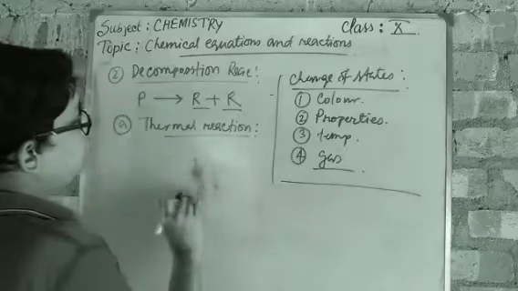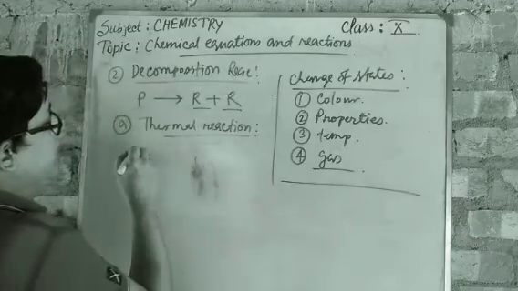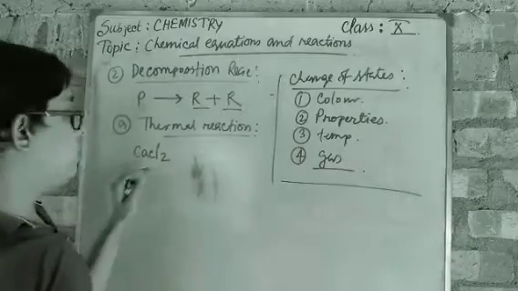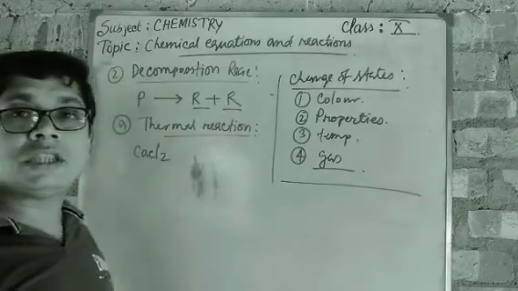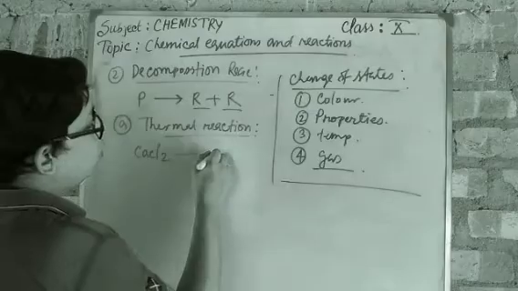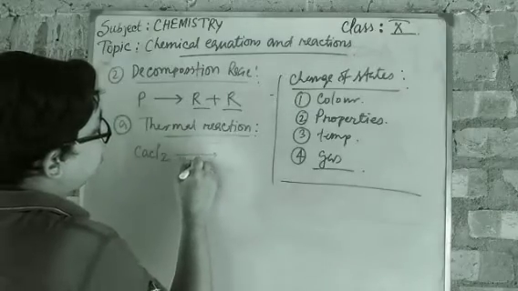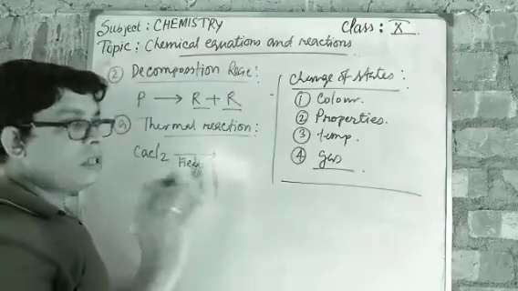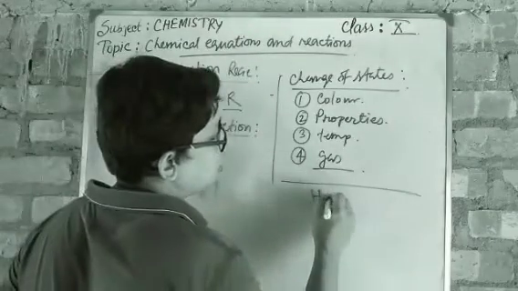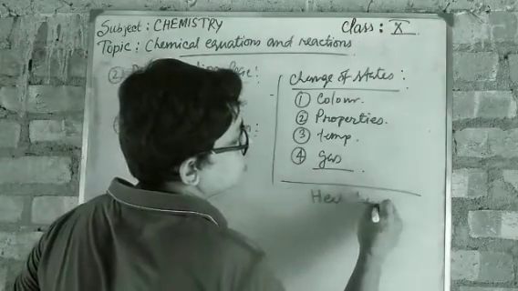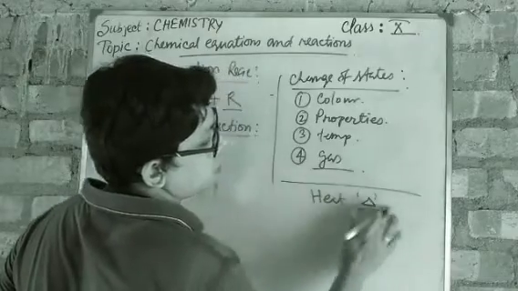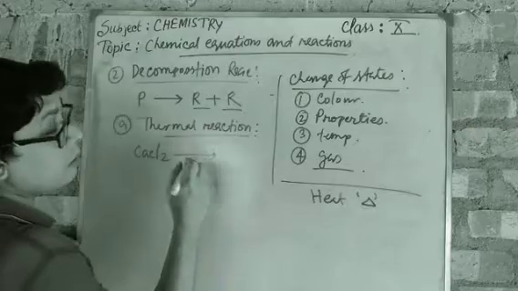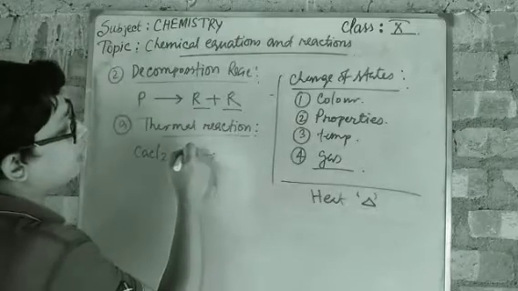Okay, so when we are giving the heat, what will happen at that time? Suppose I have taken the product CaCl2, calcium chloride. Got it? Now I will provide heat here. Do you know what is the symbol of heat in an equation? The heat symbol is a triangle shape. Instead of writing heat I can also use it, and it must be given under the arrow, not over the arrow.